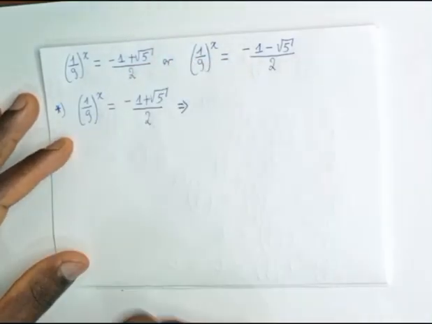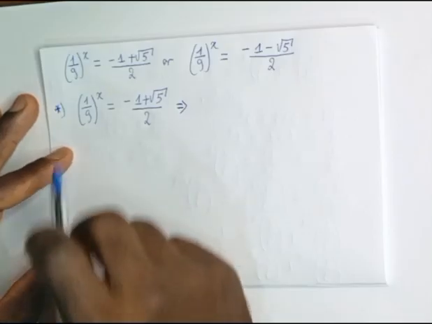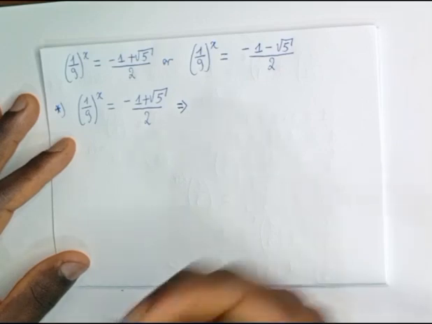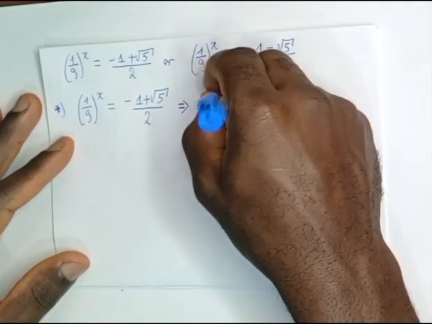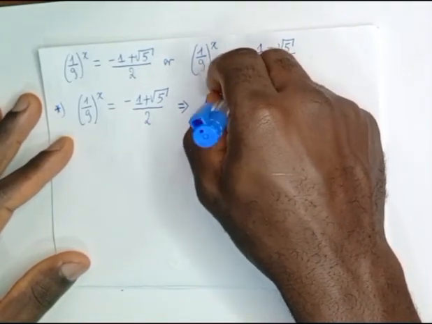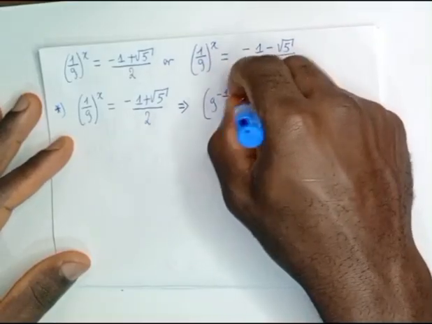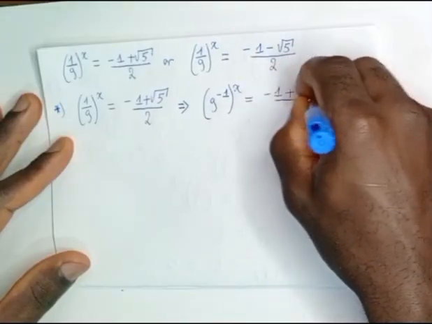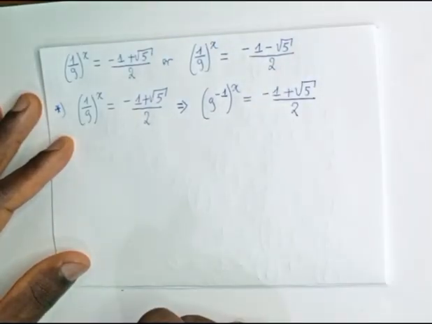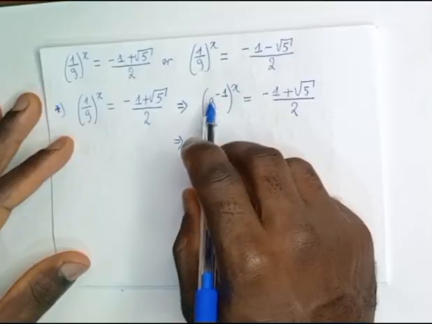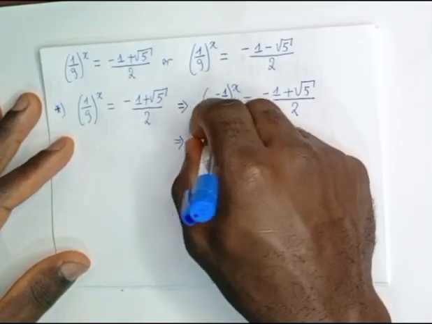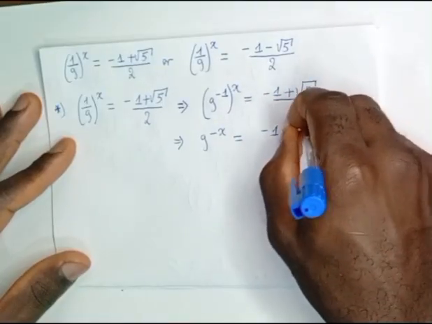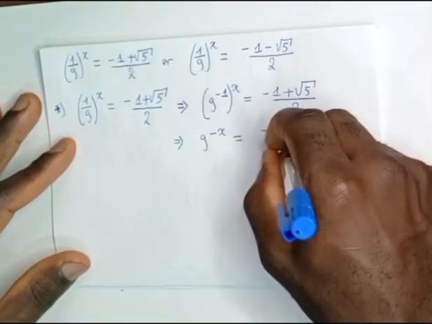Then 1 over 9 can be written as 9 raised to the power negative 1. 9 raised to the power negative 1, all this raised to the power x is equal to negative 1 plus root 5 all over 2. Then multiplying the powers, this will give us 9 raised to the power negative x is equal to negative 1 plus root 5 all over 2.